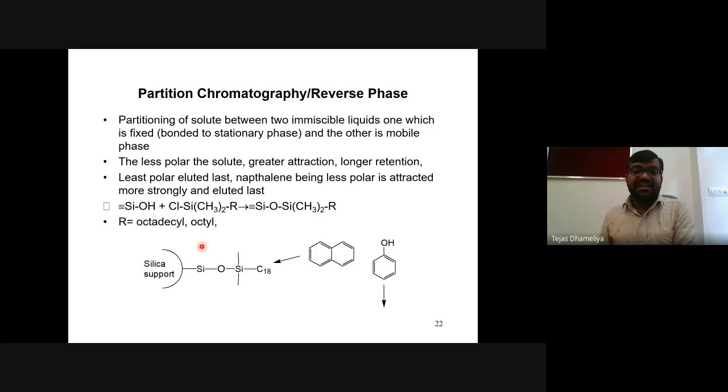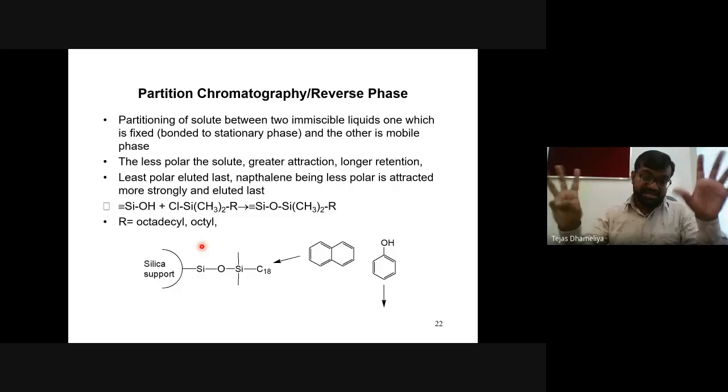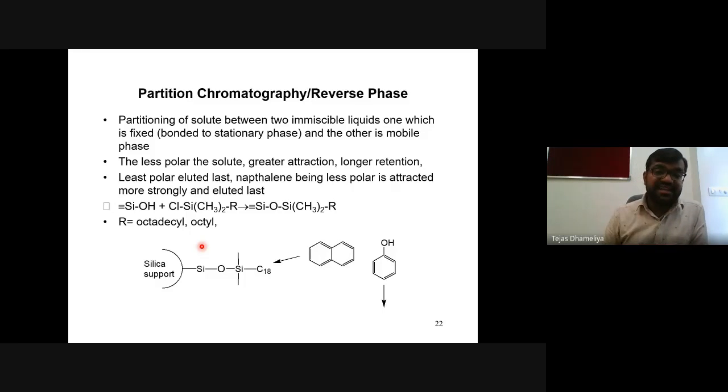So if we connect this 18 carbon longer chain, which is called octadecyl, that is 8 plus 10, 18 carbon containing long alkyl chain.